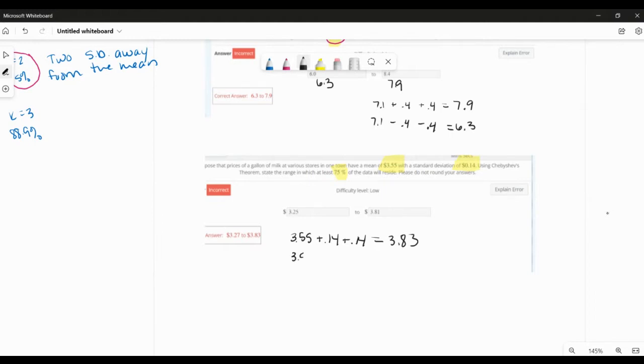And then I'm going to subtract it. 3.27. So that would be my range. Okay, and if this problem gave me 88.9%, I would have to do it a 3rd time for each of these to get my answer. Okay.